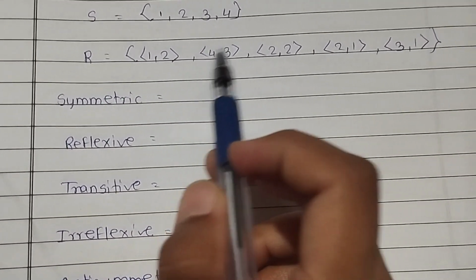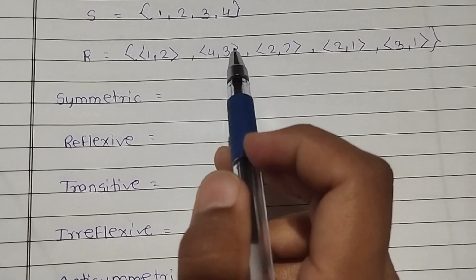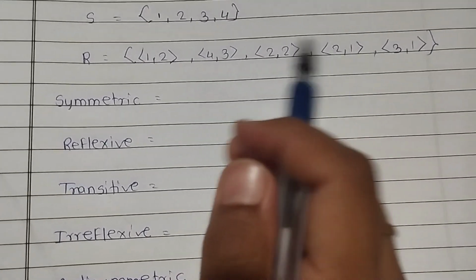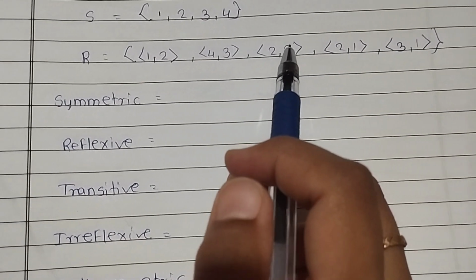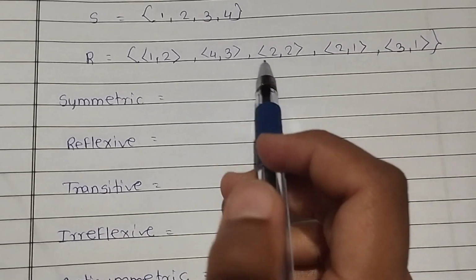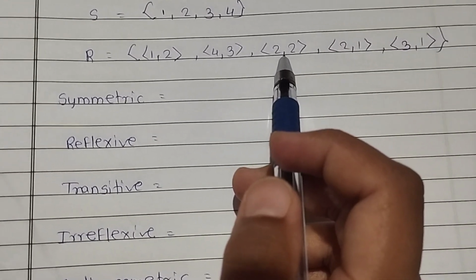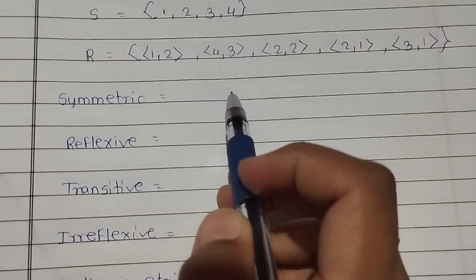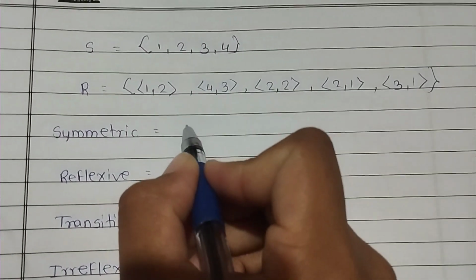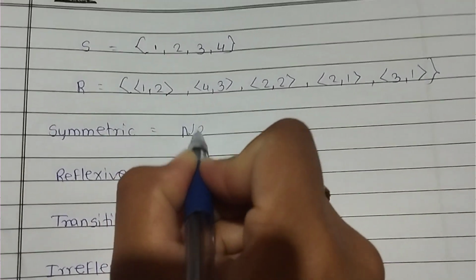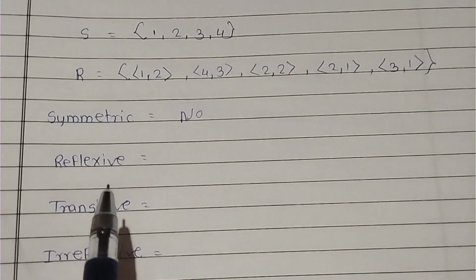Second, 4 3 is present, so we want 3 4 also. But in the given relation 3 4 is not present. If one condition is not satisfied, then the whole property is false. So the given relation does not follow the symmetric property. Now we check reflexive.